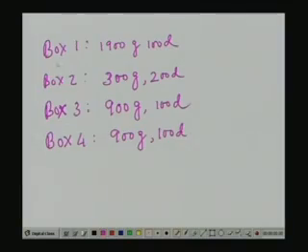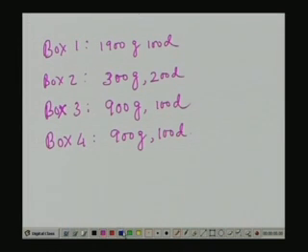To answer that, first we see that the boxes are chosen purely at random and there is no particular preference for a special box, maybe box 1, box 2, box 3 or box 4. The probability that I choose box 1, say B1 or B2 or B3 or B4, is 1 by 4 because it is uniform.